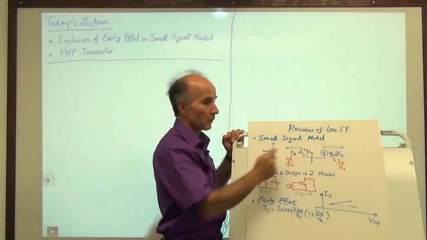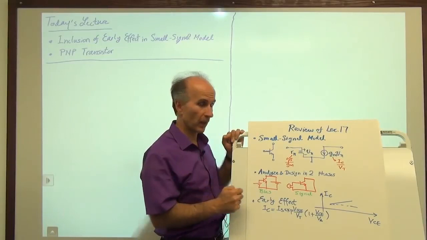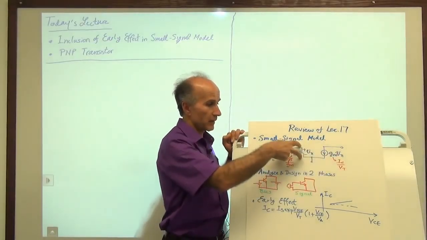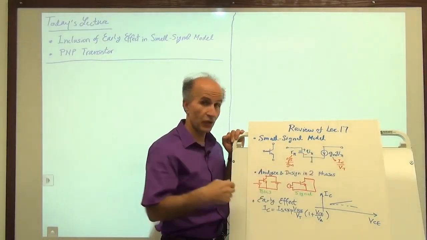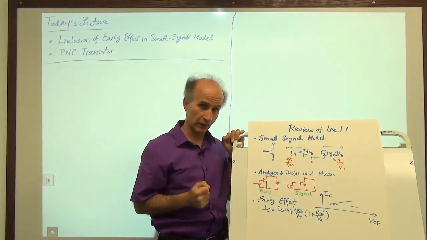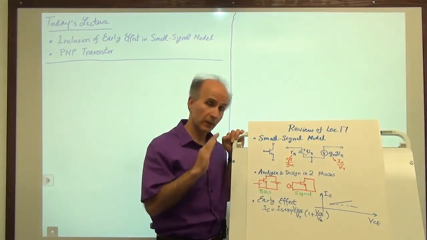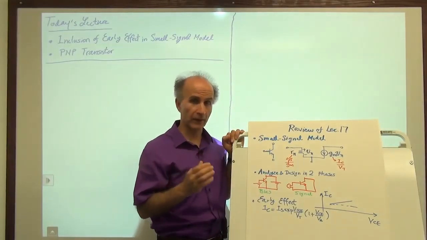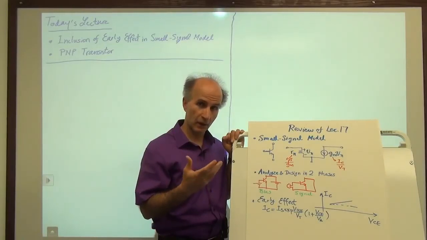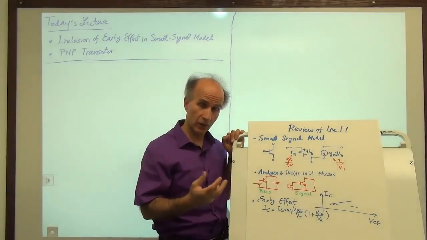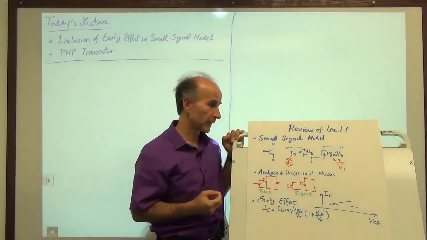And similarly, we have gm v pi, with v pi being the small signal base emitter voltage, that represents the changes in the collector current. So this should not be confused with the bias current that is necessary to produce a certain gm, certain good condition, amplifying condition for the transistors.